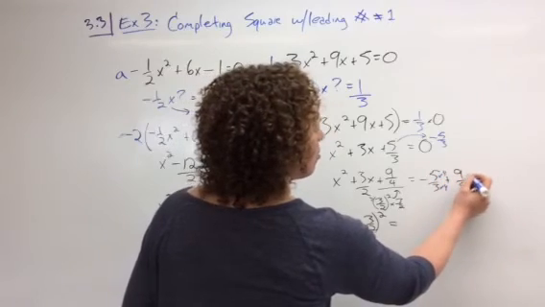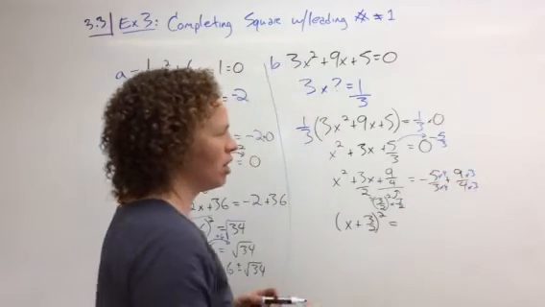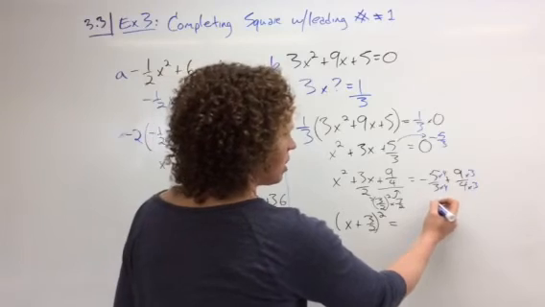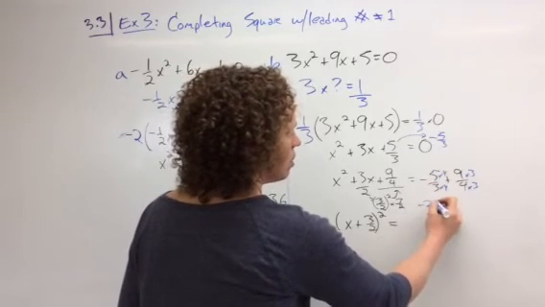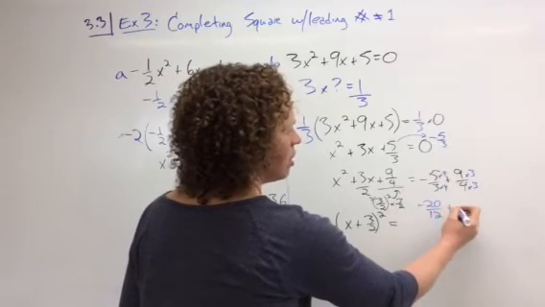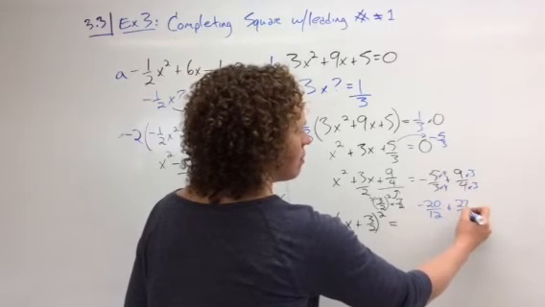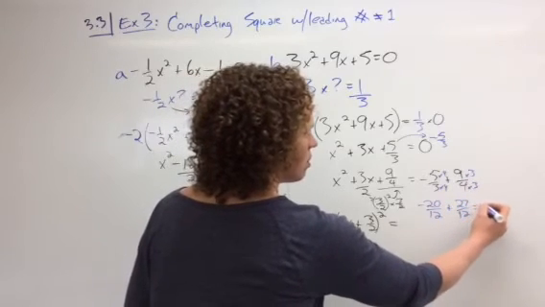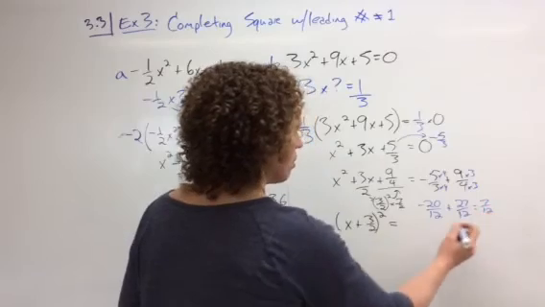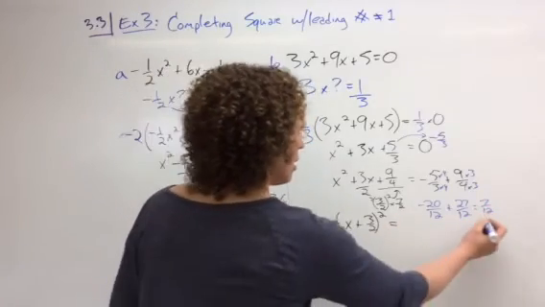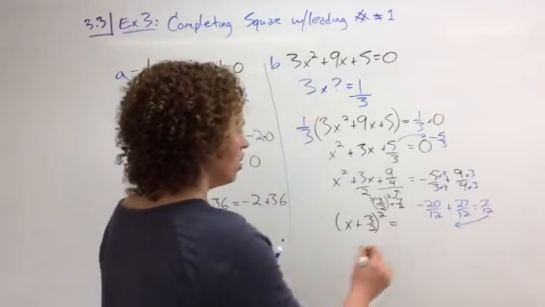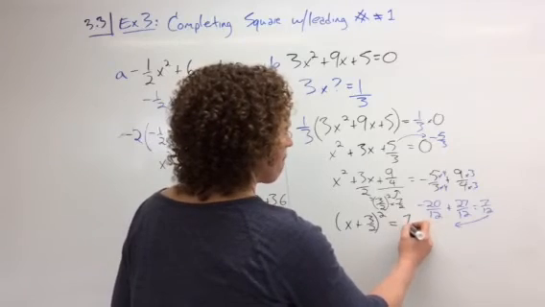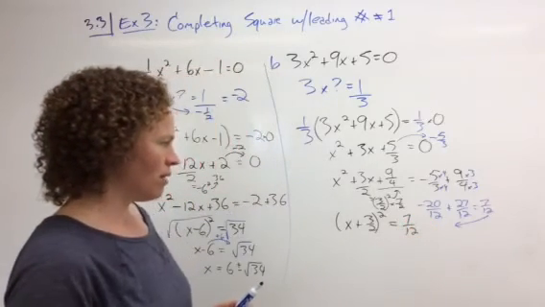If I do it to the top, I do it to the bottom, same thing. So this whole thing is going to be negative 20/12 plus 27/12, which is going to give me 7/12. So I'm going to take that number and put it on this side, and I've got 7/12.